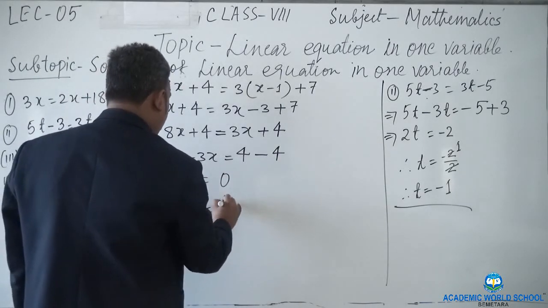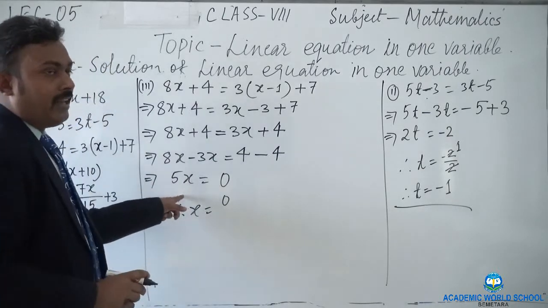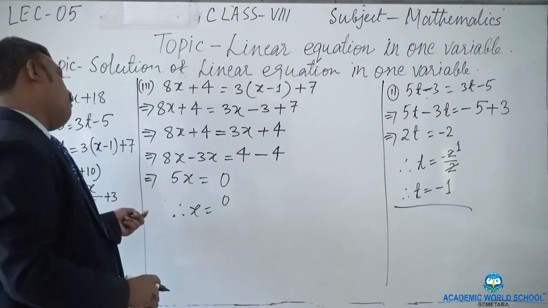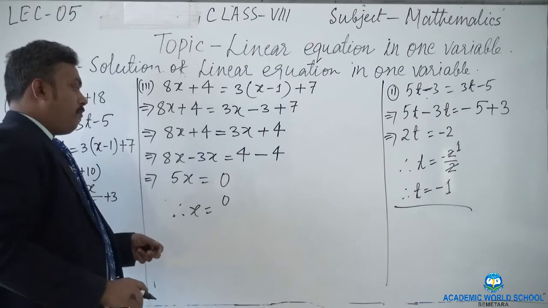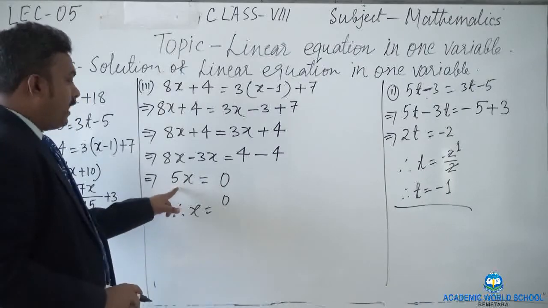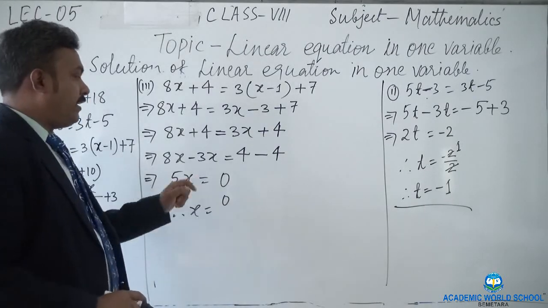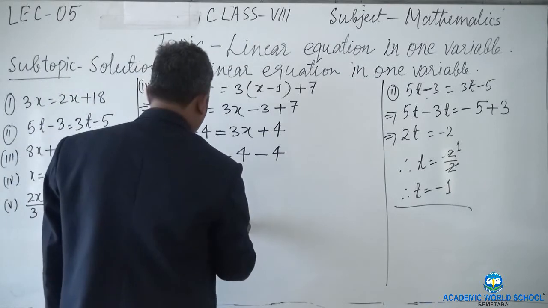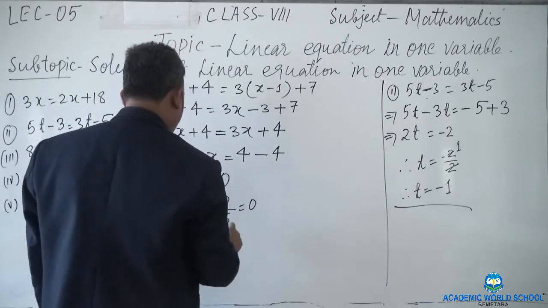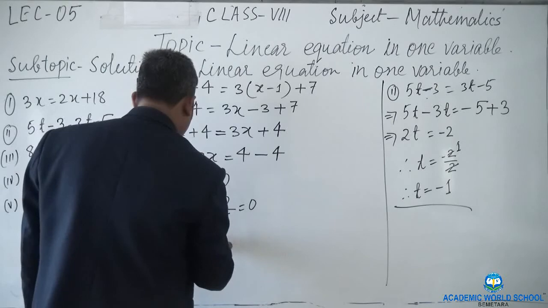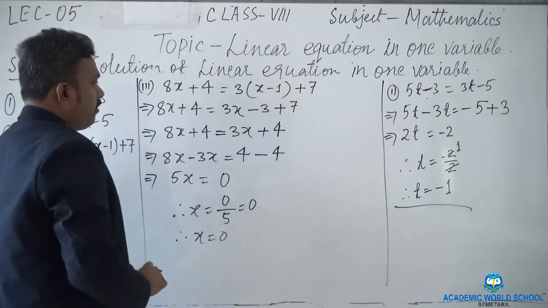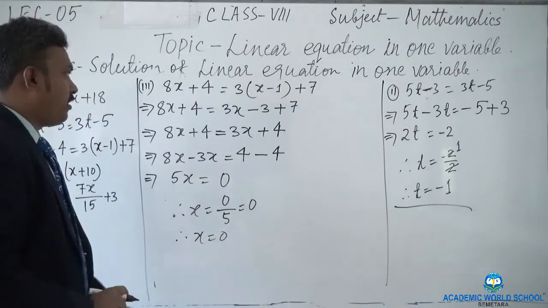Therefore, x equal to, now here we are performing the last step, the division property, because this 5 is multiplied on the left side; when it goes to the right side, it will divide 0. So 0 divided by 5 will be 0. Right? You can put the value and check it.